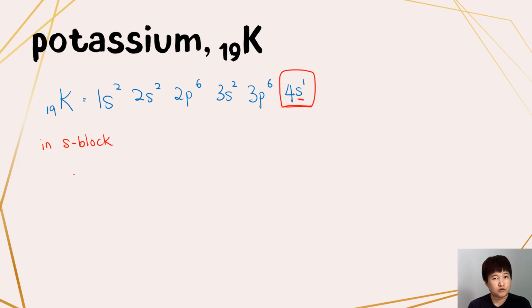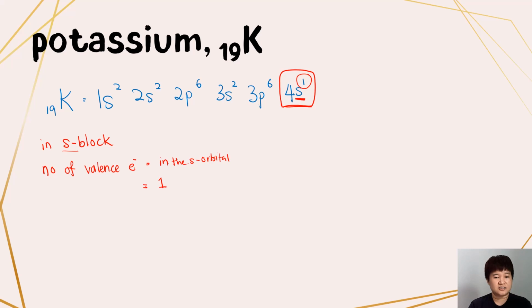And what would be the group? For the group, we need to identify the number of valence electrons. How many valence electrons does potassium have? Look at the last electron that you put in. The last electron is in the s orbital. When the last electron is in the s orbital, the number of valence electrons will be only the electrons in the s orbital. Therefore, in the s orbital, I only have 1. So the number of valence electrons will be 1.